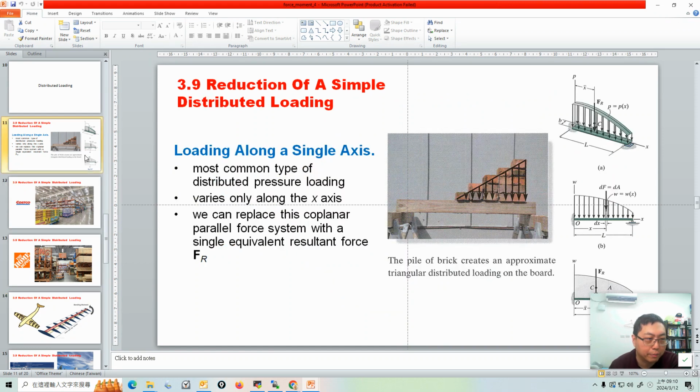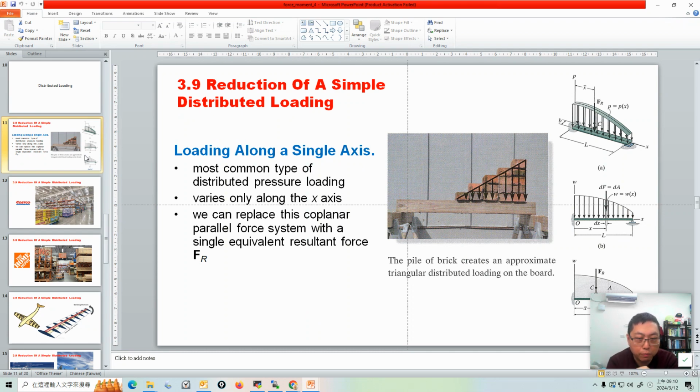That's the concept, and this distributed loading happens a lot. So when we come to distributed loading, we have to use a systematic way to simplify the system for further calculation.